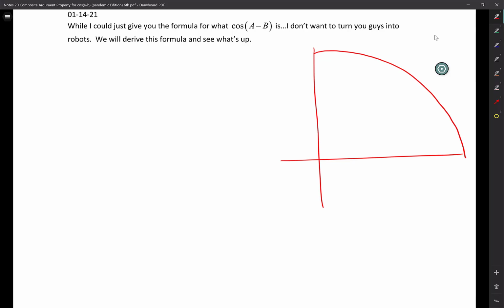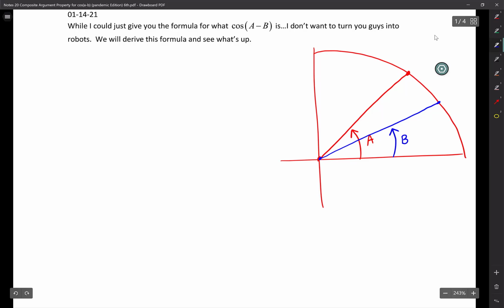And I'm going to call from the center to some coordinate this angle A. And with a different color, I'm going to call that angle B. So this in green is A minus B. Have we done anything crazy yet so far, guys?